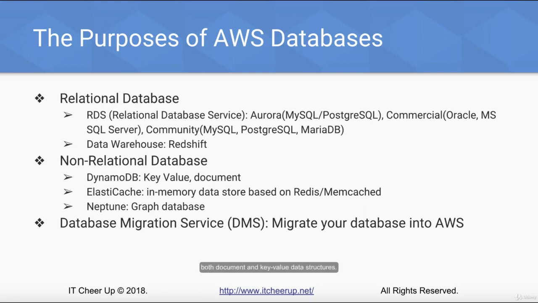It supports both document and key-value data structures. AWS uses ElastiCache to deploy, operate, and scale an in-memory data store based on Memcached or Redis in the cloud. Neptune is a fast, reliable, fully managed graph database to store and manage highly connected data sets.